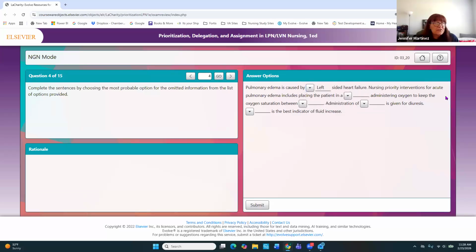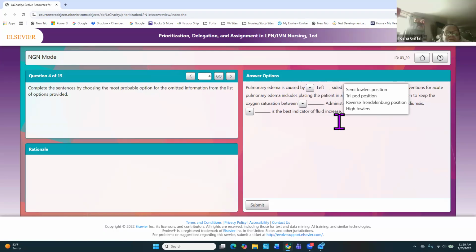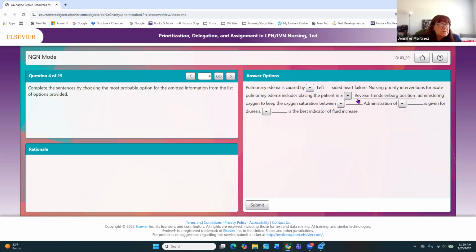Nursing priority interventions for acute pulmonary edema include placing the patient in what position? High Fowler's.